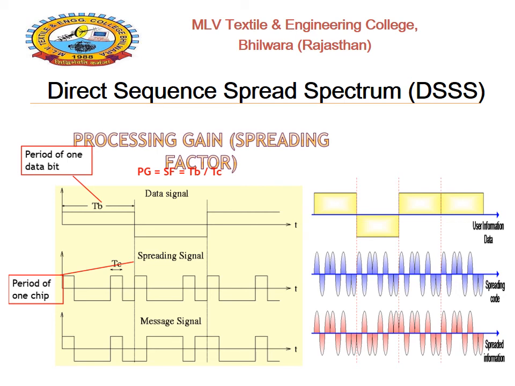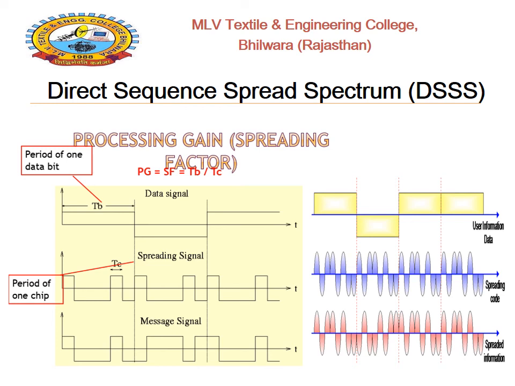Consider the second diagram, where the user information data bits are 1 0 1 1 and the spreading code is 1 0 1 1 0 1 0 0. The same is represented for the next T_B and the next.